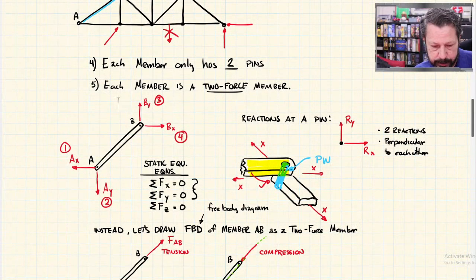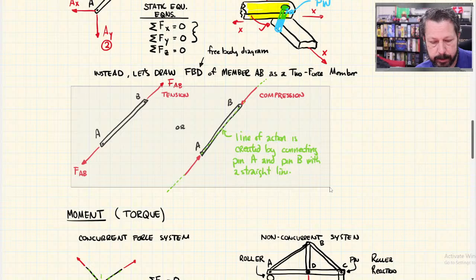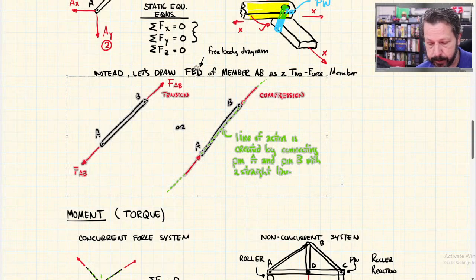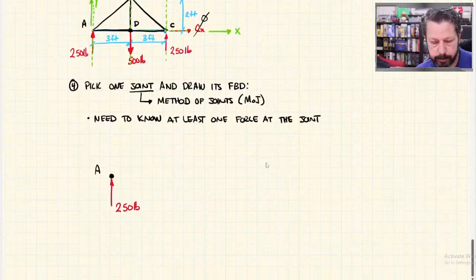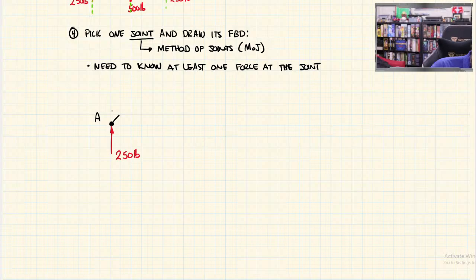That was true. So that means that every member is a 2-force member, which means I can treat them like this. I either know they're in tension or compression, and I know the line of action of that tension or compression is created by connecting their 2 endpoints. So I know that member AB starts out this way, and member AD starts out this way, and B is somewhere up here.